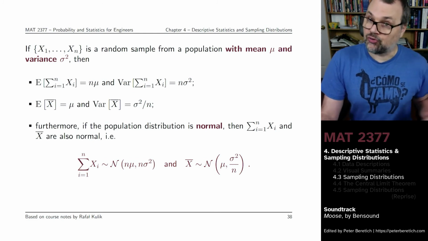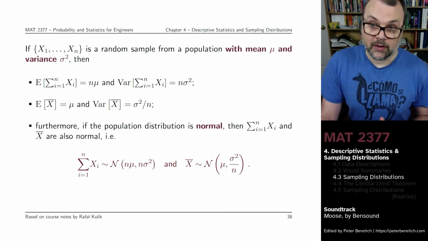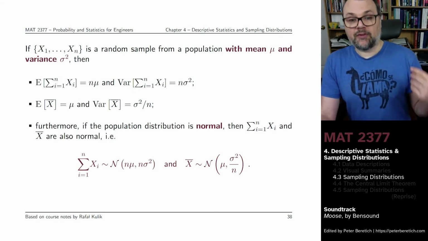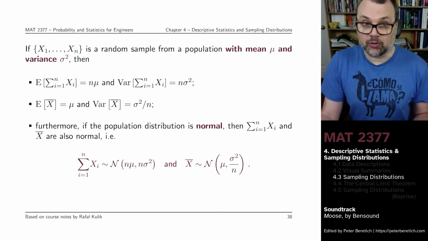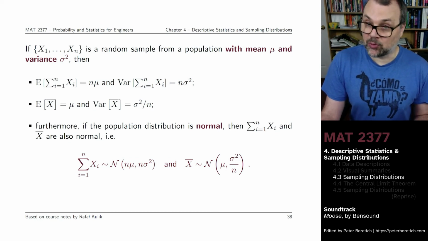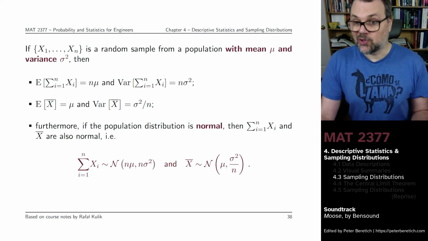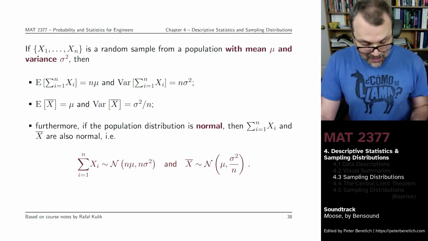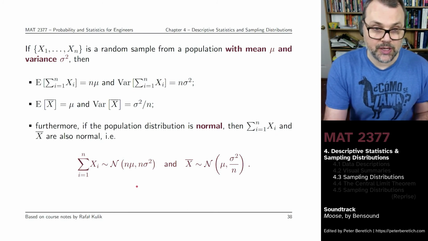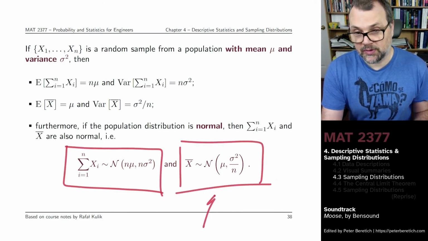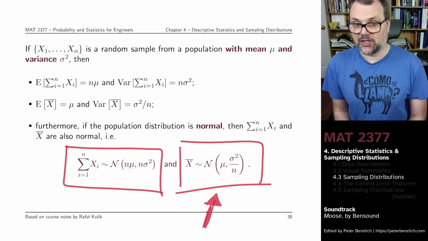Again, this is true no matter what distribution the original measurements followed, but if the population distribution is normal, if they're IID here, and each one of them comes from the same normal distribution, then the total and the sample mean are also normal, and they follow these distributions here. This one in particular will be very important when we talk about the central limit theorem.